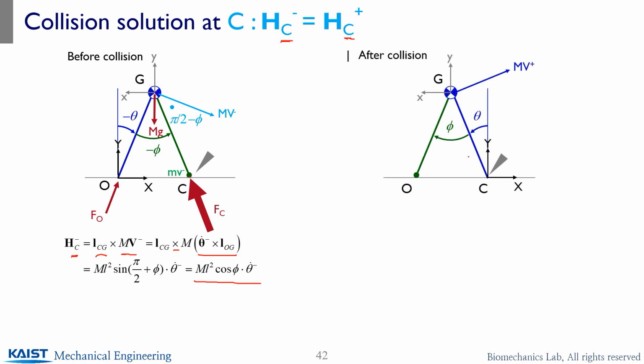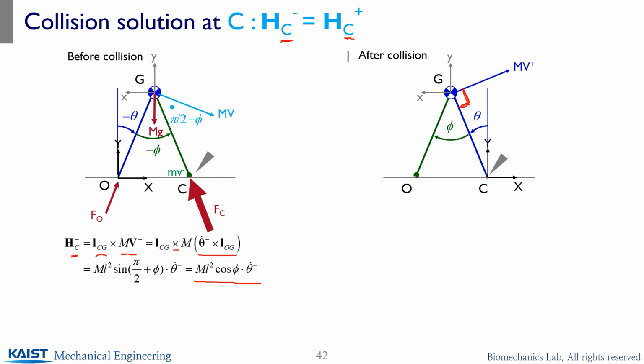So what's the after-collision angular momentum? Angular momentum with respect to this collision point is now generated by two mass components. The capital mass now has a new rotational motion about the collision point, perpendicular to the stance leg, and the swing leg mass will also have its velocity.